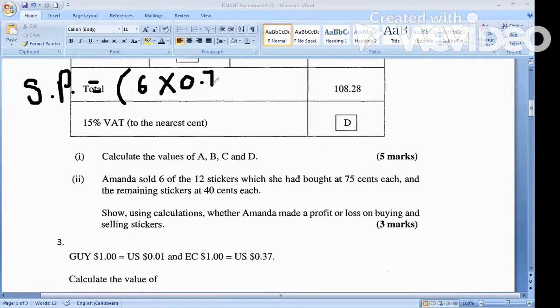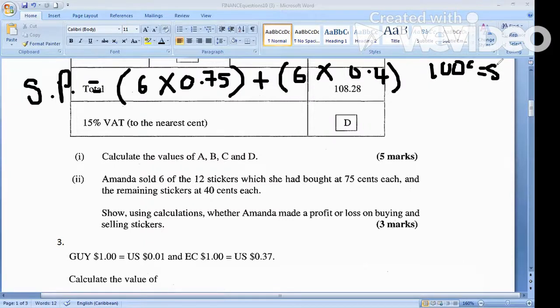Because everything has to be converted to dollars, since the cost price is all in dollars. So 6 times 0.75, and the other one will be 6 times 0.4. Just in case you might be wondering, how do we convert cents to dollars? We just divide by 100, because 100 cents gives you $1.